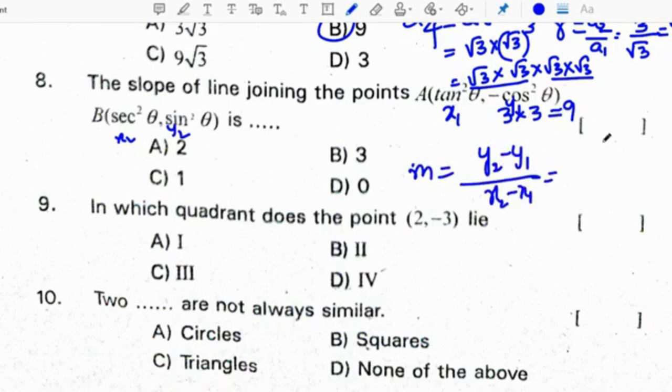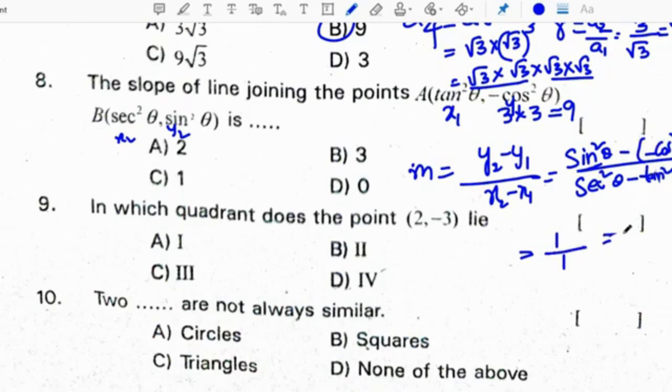Y2 is sin squared theta, y1 is minus cos squared theta, x2 is secant squared theta, and x1 is tan squared theta. So sin squared theta plus, minus into minus is plus, cos squared theta, value is 1, and secant squared theta minus tan squared theta value is also 1. This is an identity, students. 1 by 1 is 1. The correct option for the 8th question is C.